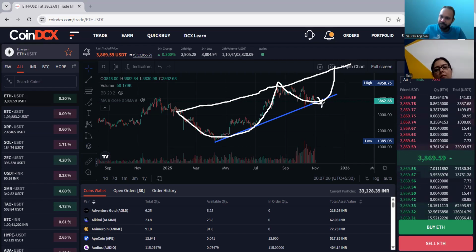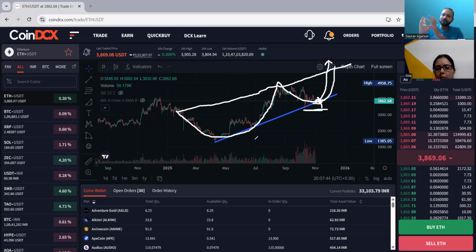This is the best time to enter actually, because it has formed only half, and your stop loss is very small in this area. Then we can expect a breakout. From here it is a long time to go. First it has to complete this pattern, and once it gives a breakout, the target will be huge.